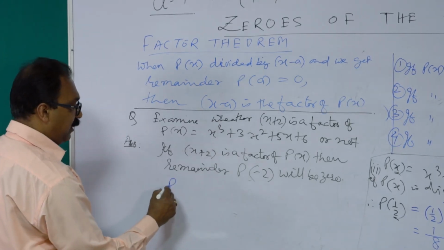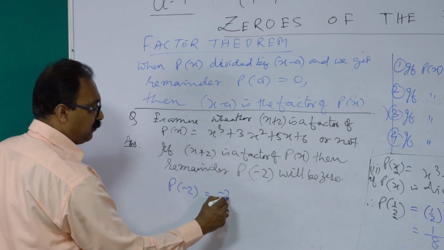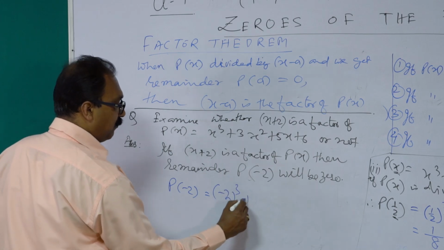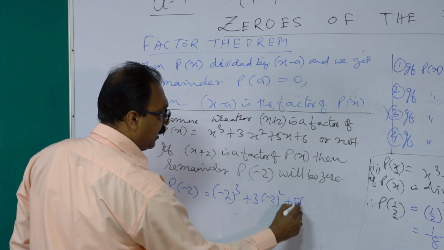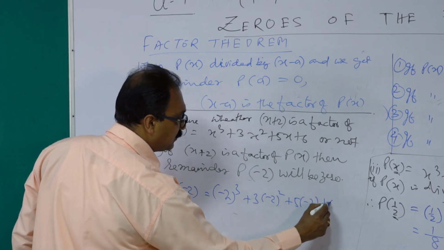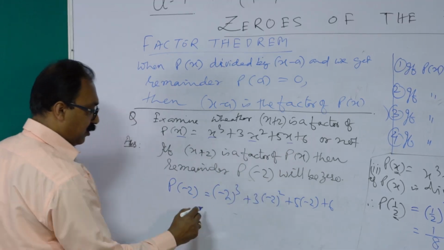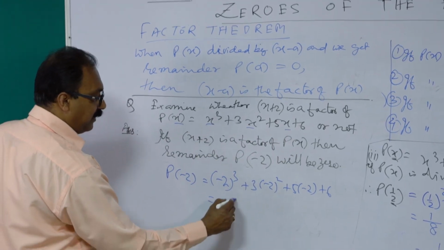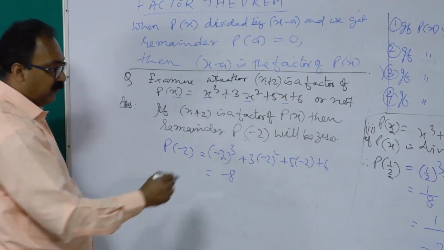I am finding P of minus 2. Minus 2 cube plus 3 into minus 2 square plus 5 into minus 2 plus 6. I'll put the value minus 2 here. So it will be minus, odd power, coming 8. Clear?